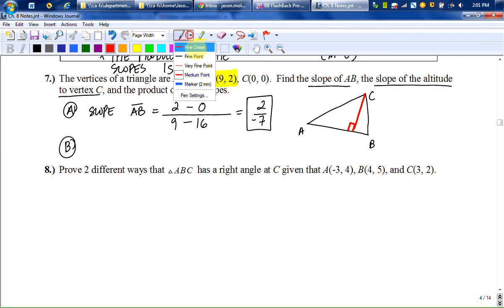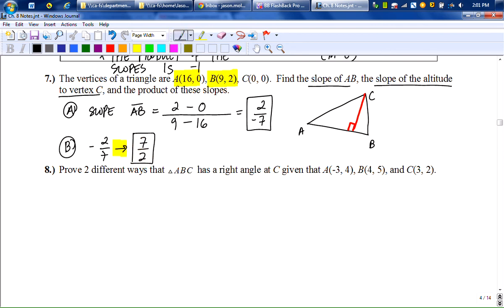contains AB. So what I'm going to do is take -2/7 and change it into +7/2. I'm not going to put an equal sign here because these fractions are not equal.